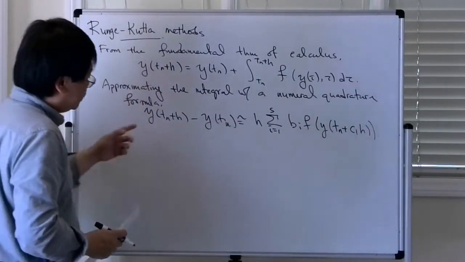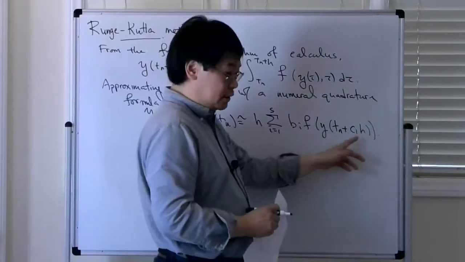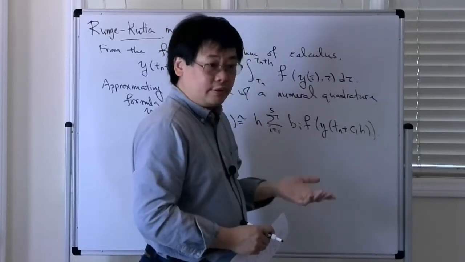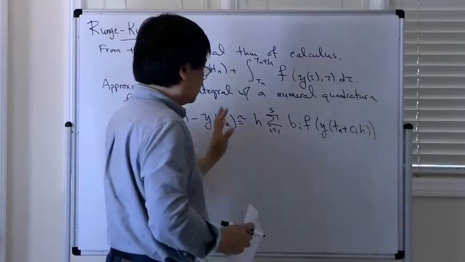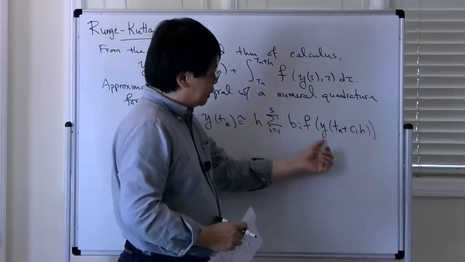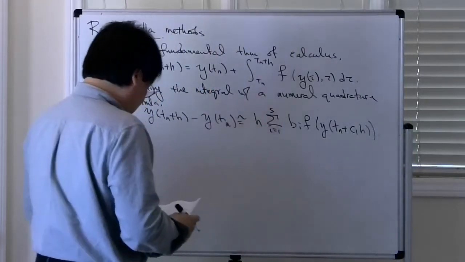If you look at a formula like this, one of the real problems is that you don't actually know y as a function of time, because that's one of the things you're trying to solve for. The quadrature rule requires you to know something about the solution y at these quadrature times.